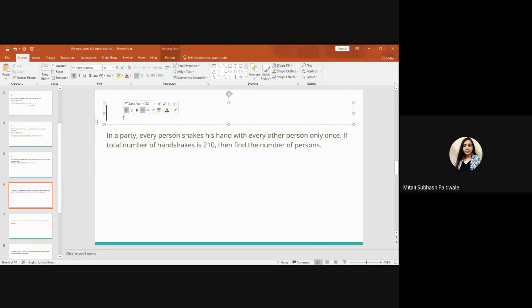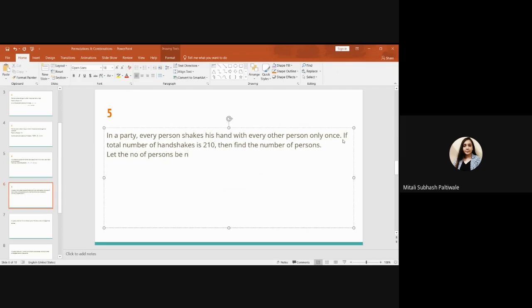Now this question says, in a party, every person shakes hands with every other person only once. If the total number of handshakes is 210, then find the number of persons. So let the number of persons be n, not x.